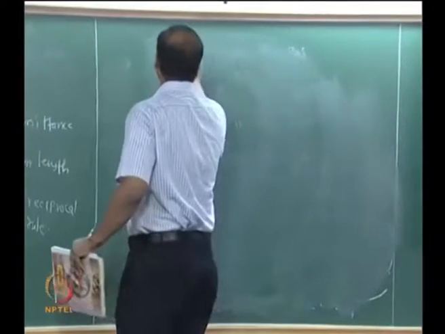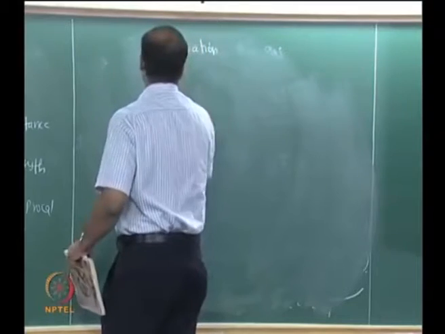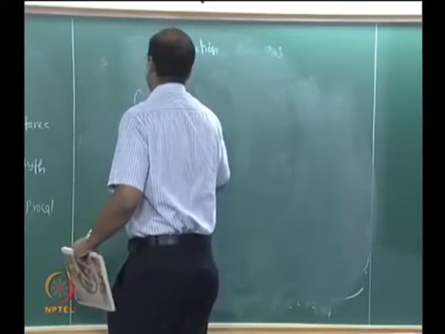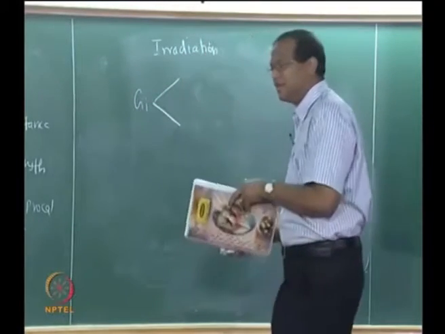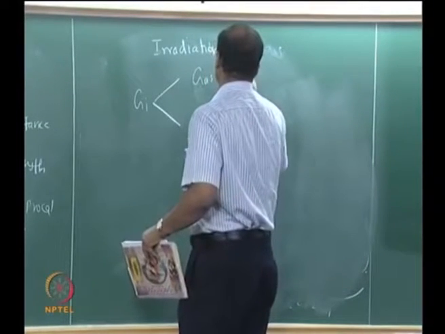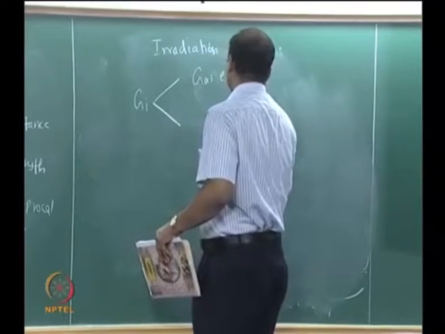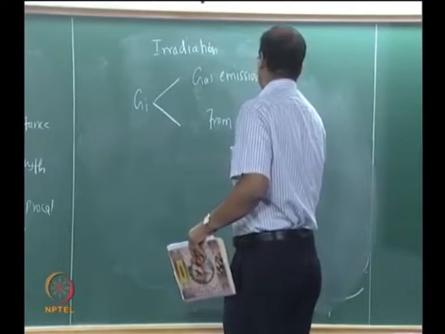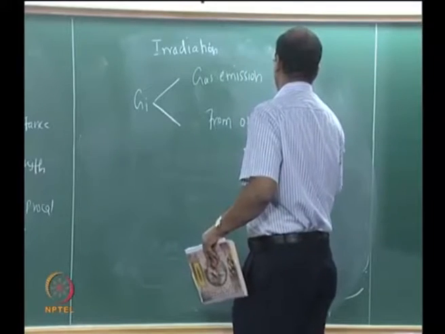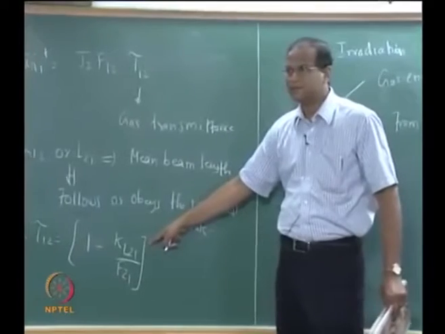So, irradiation G of i consists of two components. This is irradiation from other surfaces. We have a way of handling this, okay.